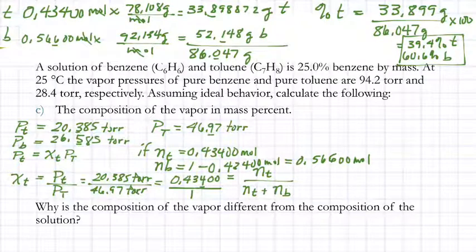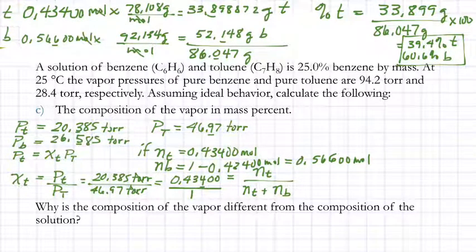Then there's this question at the bottom. Why is the composition of the vapor different from the composition of the solution? Why isn't it the same? Any ideas? Their evaporation rates are different.